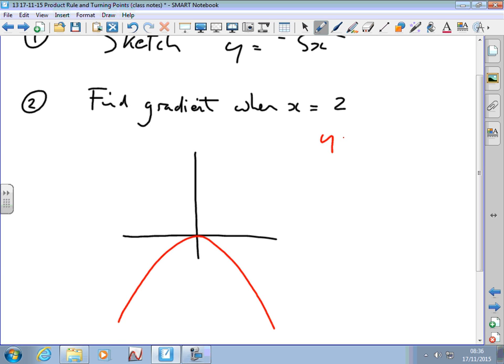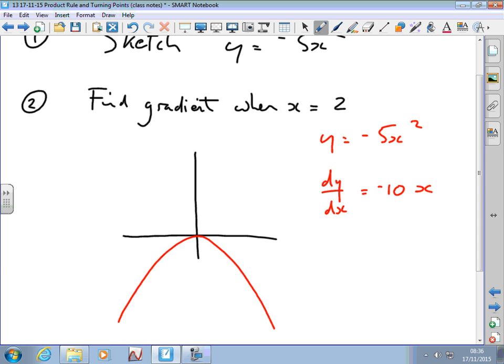So if y equals minus 5x squared, I differentiate dy by dx. I look at my table of differentials, and the rule tells me I bring the power down, multiply it by the number in front, so minus 5 times 2 is minus 10, and then I take one off the power. It's minus 10x.